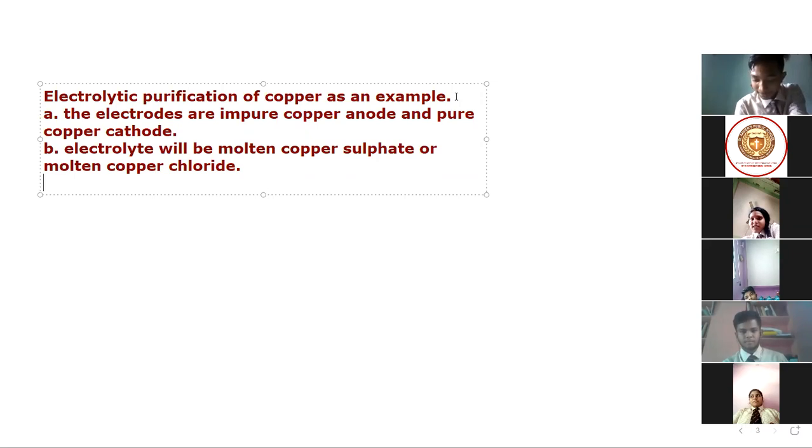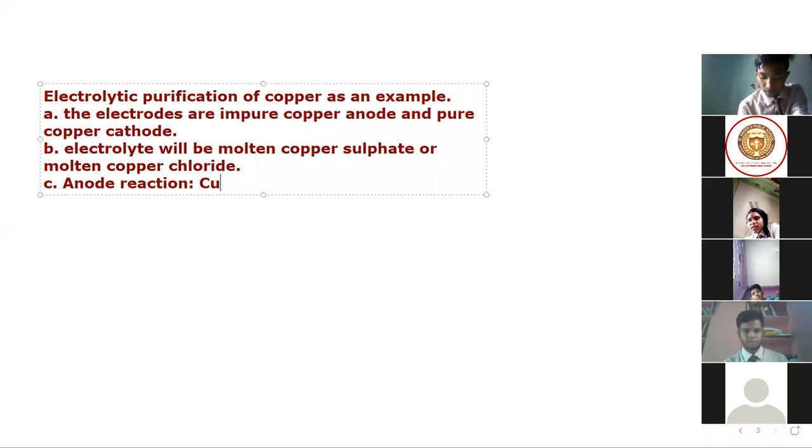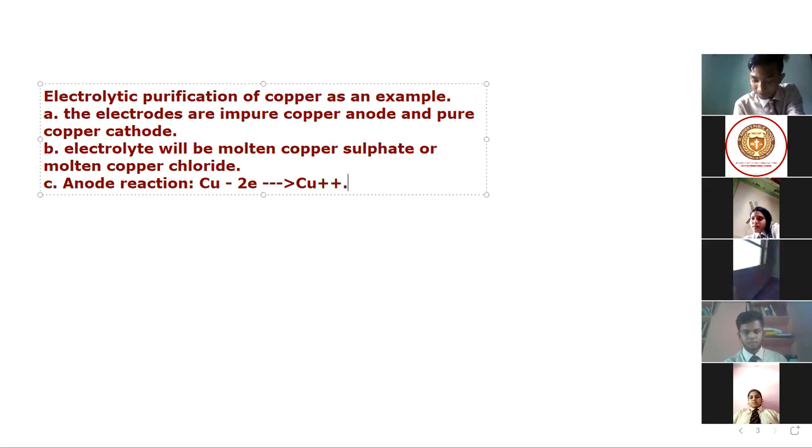So electrodes are impure copper anode and pure copper cathode. The next one is electrolyte will be molten copper sulfate or molten copper chloride. Anode reaction will be Cu loses 2 electrons and gets converted to Cu 2+ ion. This is the anode reaction.